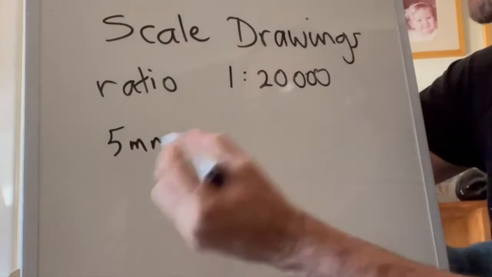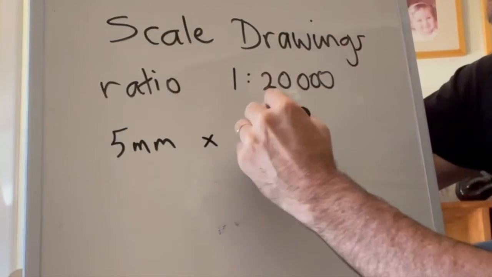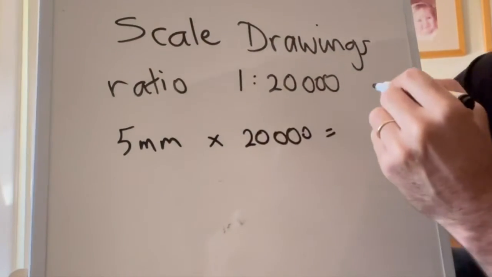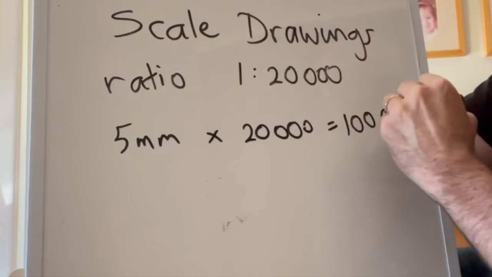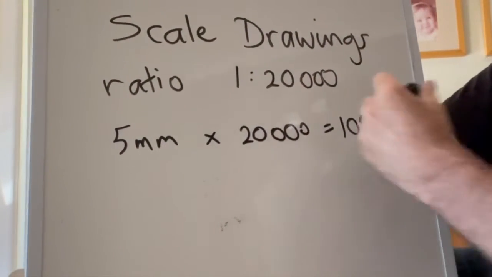Okay, so here we have 5 millimetres. Again, same process. You multiply by the 20,000 from the scale here, and that will give you 100,000 millimetres. Then we want to convert that to metres.